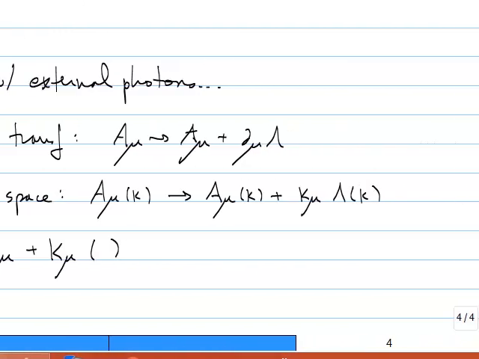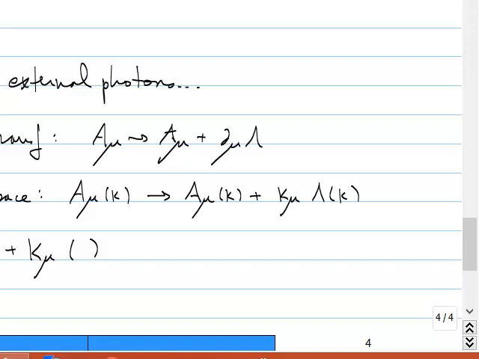So the first thing to notice is that in, for example, that gauge that we wrote down above, epsilon mu contracted with k mu is equal to 0. K mu for an external photon squares to 0. So this gauge transformation preserves the condition that epsilon is perpendicular to the direction of propagation.